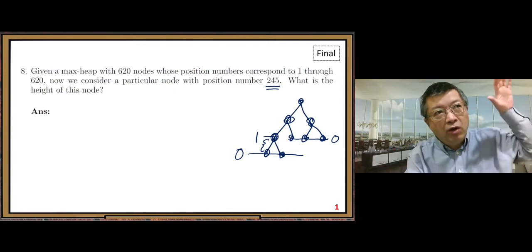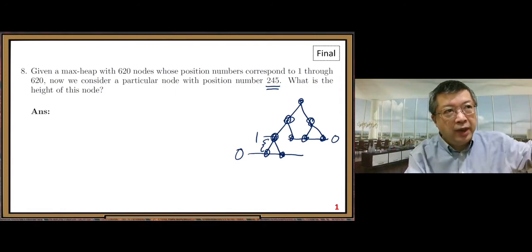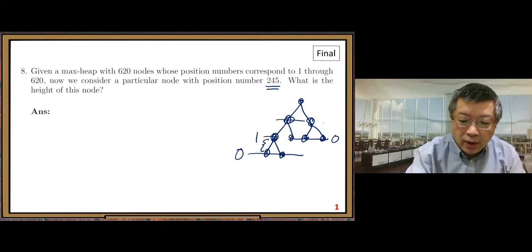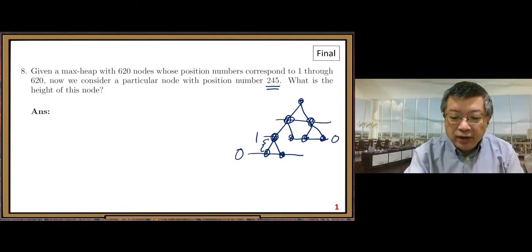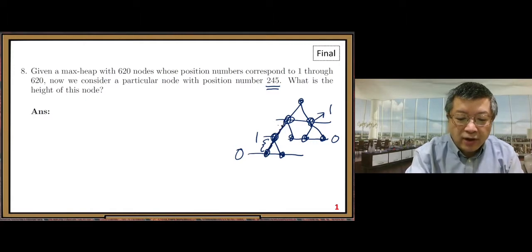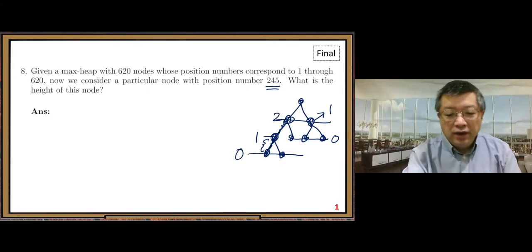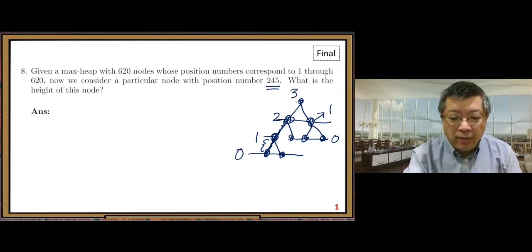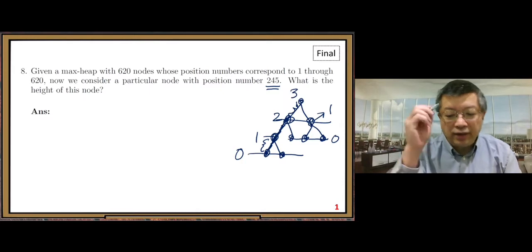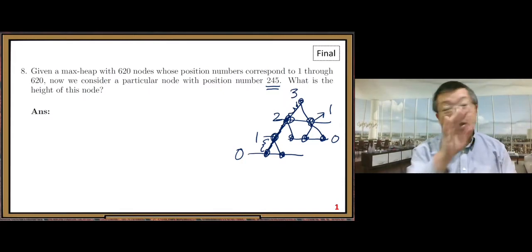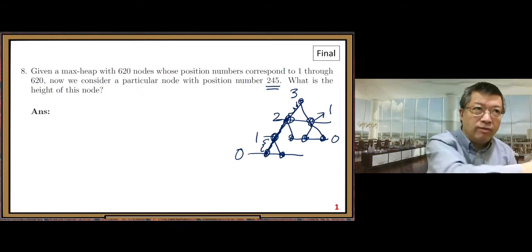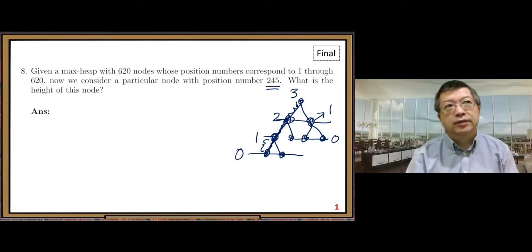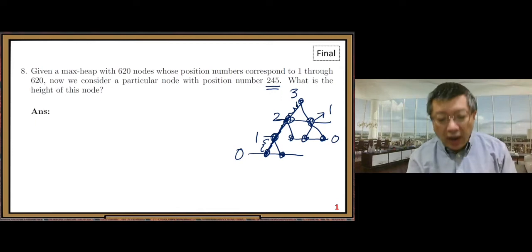So you need to go one edge to get to the bottom. But this one, you need to go the longest path. The height is 2. This one, you need to go the longest path. So the height is 3. That's not the shortest path, the longest path to the bottom. That's the definition of the height.